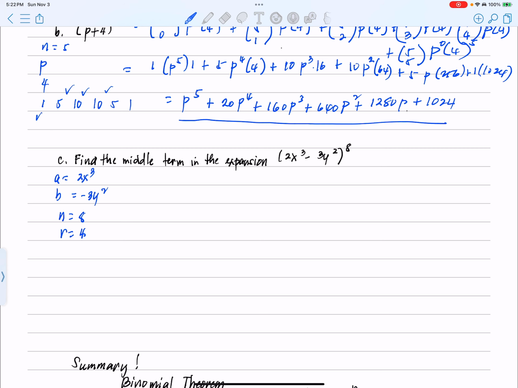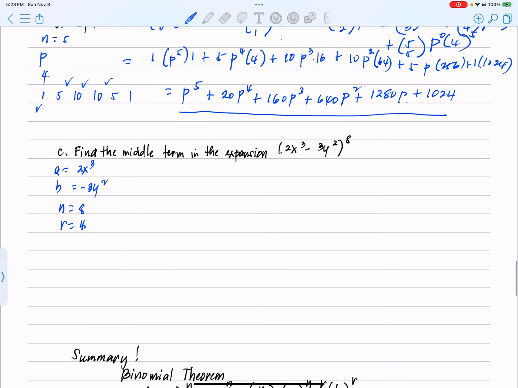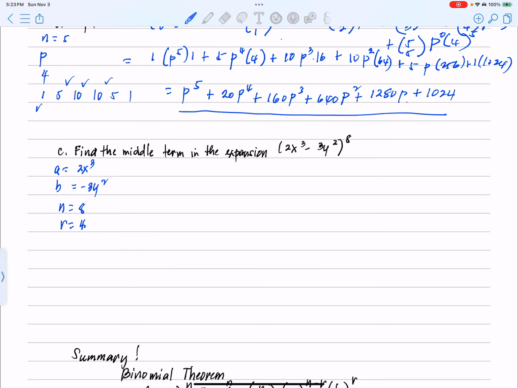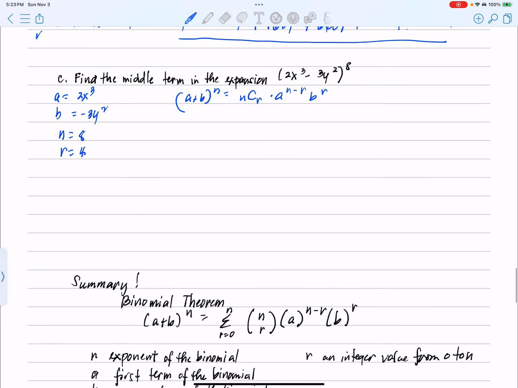Let's use the A plus B expansion formula. So N choose R times A to the N minus R, B to the power of R. Let's substitute. N is 8.